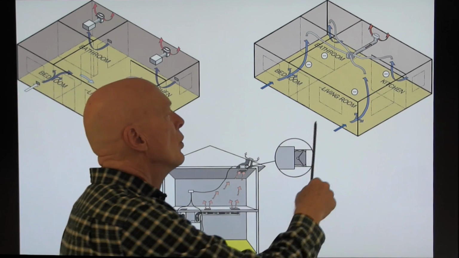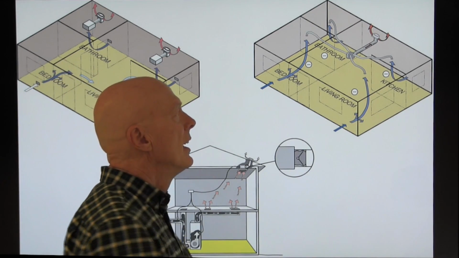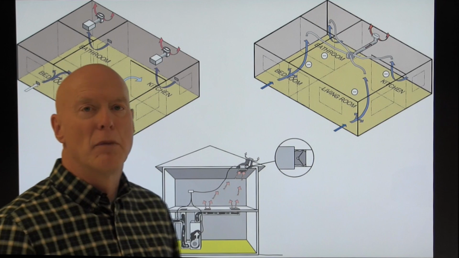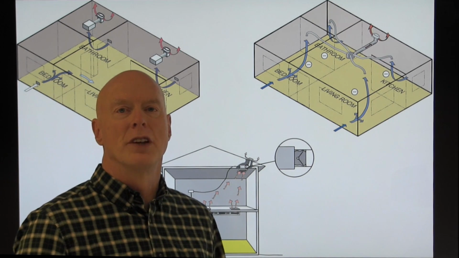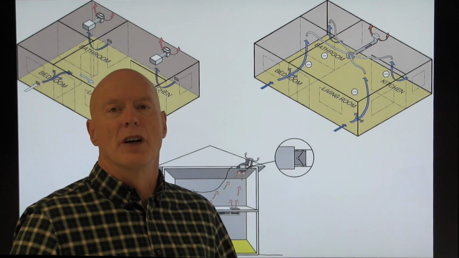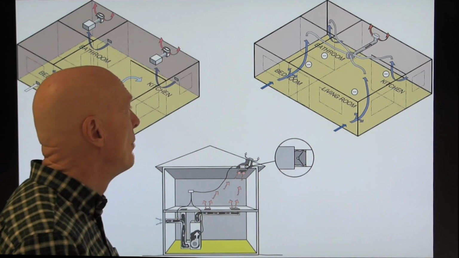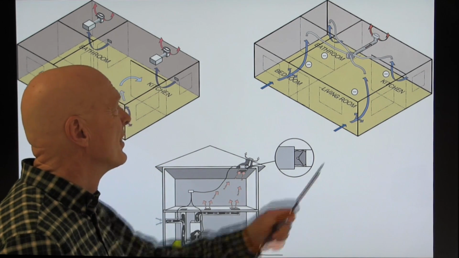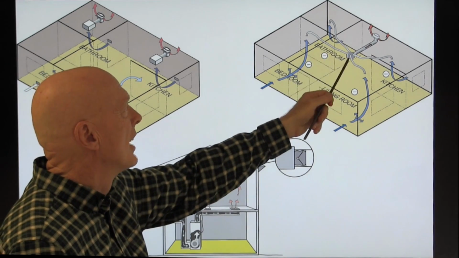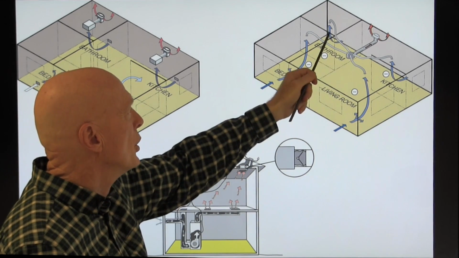Again, we're looking for the air to be made up through the air leaks in the home. So that's not going to work very well, say, below 2 air changes an hour at 50 pascals. So this is a central ventilator. It's got ducts to the various rooms.